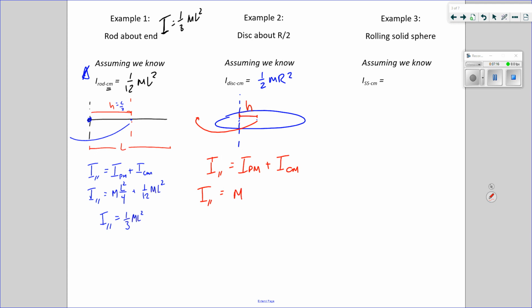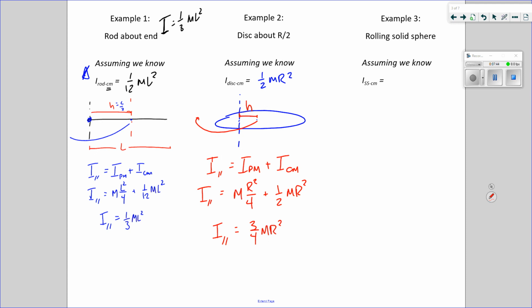H is r over 2, so r squared over 4, plus 1/2 mr squared. So we get 1/4 mr squared plus 1/2 mr squared, and this thing happens to have a rotational inertia of 3/4 mr squared. Okay?